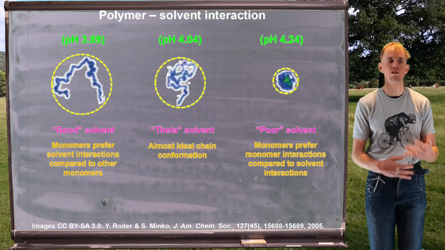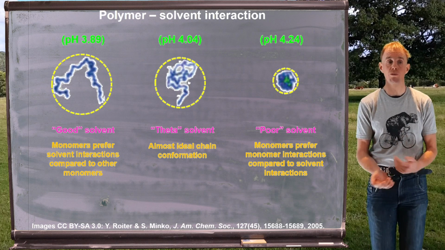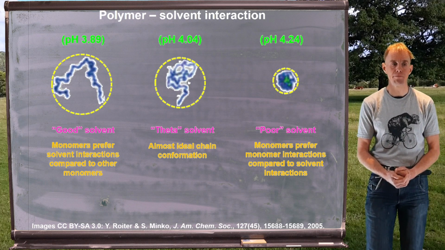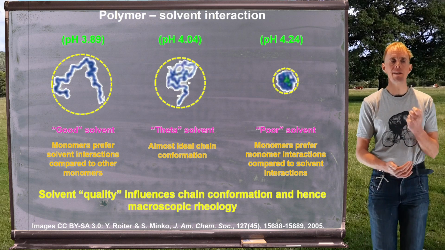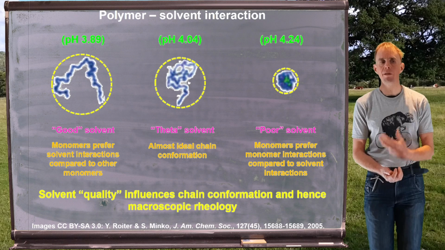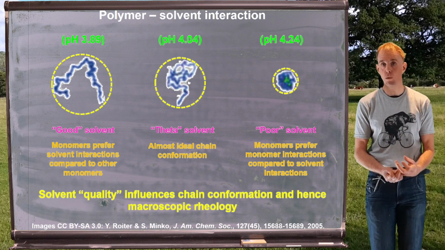And you'll see that there's various numerical measures of solvent quality, and we will come across some of these later on in this lesson. So the key take home here is that the interaction between the polymer and the solvent is really important.